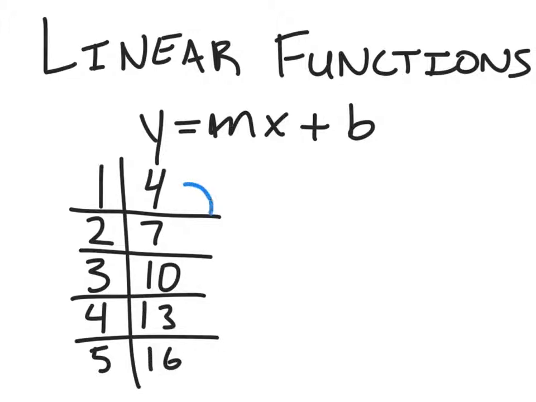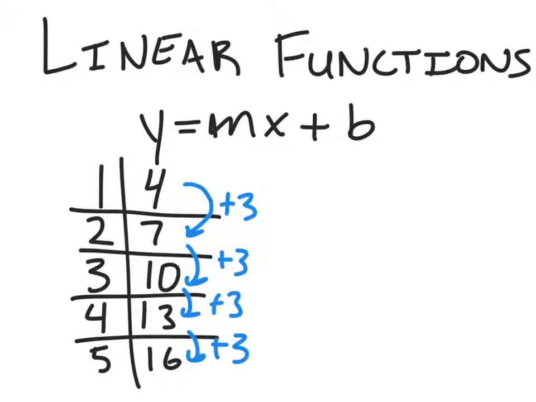What characterizes a linear pattern is that the differences at each step are always the same. To get from 4 to 7, I add 3. From 7 to 10, I add 3 again. 10 to 13 is plus 3, and 13 to 16 is also plus 3.